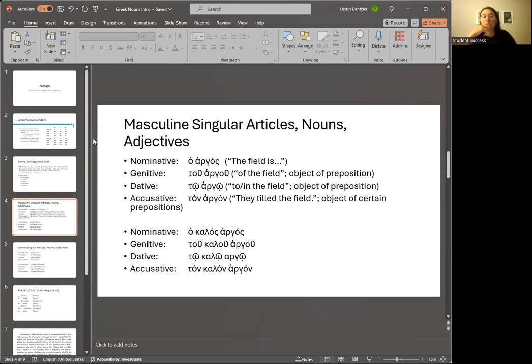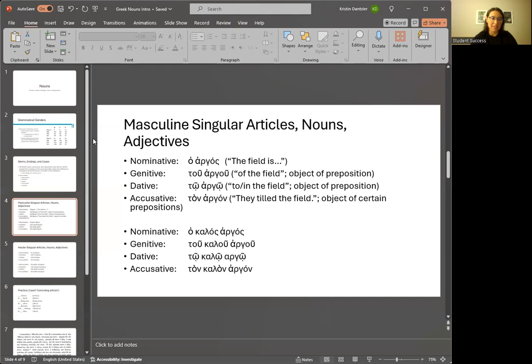The dative will be toi, because it has that iota subscript underneath the omega, right? So toi argoi. That'll most likely be to or in the field, or any other preposition that takes the dative. That's going to just be memorization. And then finally, accusative: ton is the article, argon, and on is the ending.